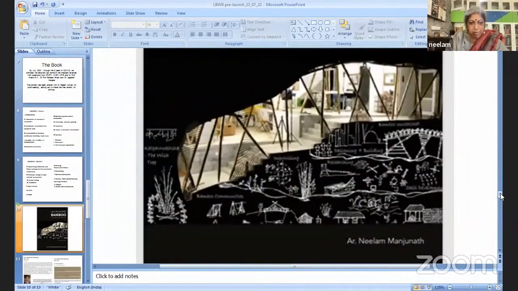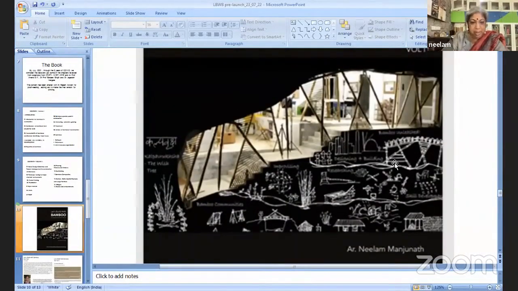Can you just take it to the top? Yeah. So this is slightly blurred, but this has a whole process of processing of bamboo, and how it has gone to the last sketch that you see, which is of Bamboo Symphony. So my process starts from harvesting, cutting it, treatment, and then making it into components, and then getting to that. And this is the story of the whole bamboo, it's called Kalpavriksha, I call it.